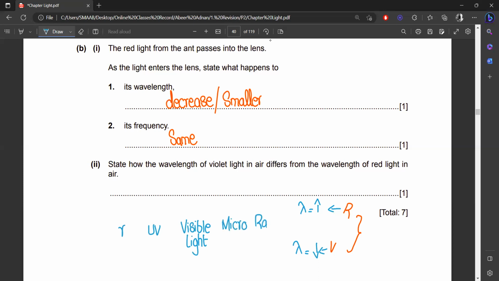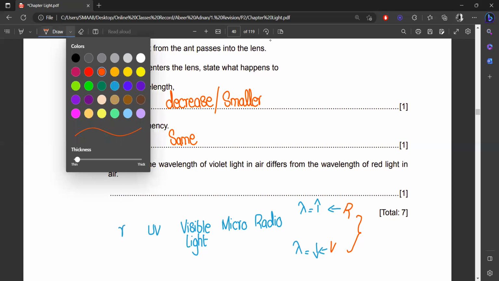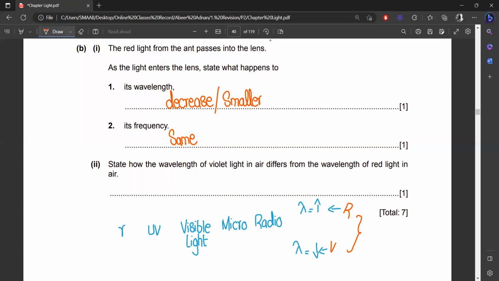Remember that diagram? According to that diagram, when we move to the right hand side, wavelength increases, and when moving to the left hand side, frequency increases. So violet color is on the left hand side and red color is on the right hand side. It means the wavelength of red color is greater than the wavelength of violet color, right?